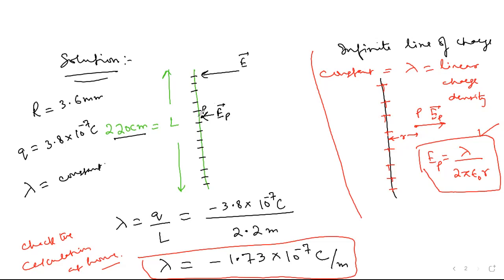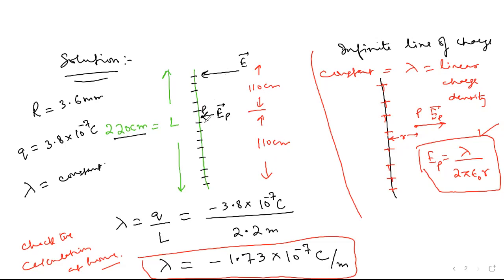I have to find the electric field near the midpoint of the rod. That means this much distance will be 110 centimeters, because overall length is 220 centimeters, right? So it is 110, 110.